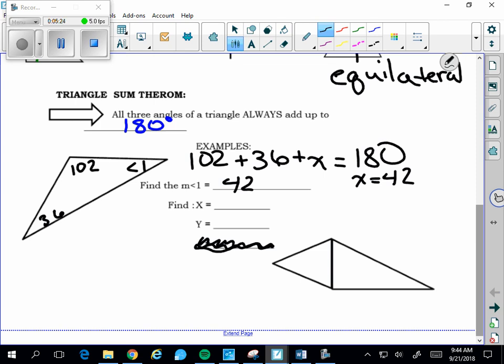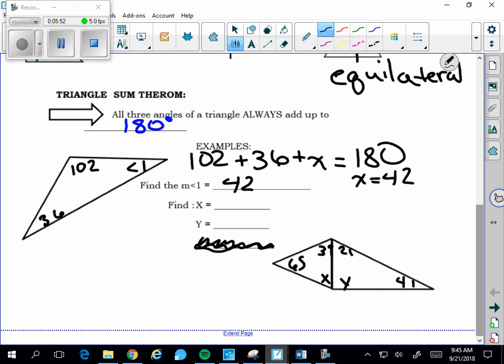But for this next example, I'm going to say this angle is 65, this is 39, this is x, this is 21, this is y, and this is 41. Take a second, pause the video, write down those measures so you're keeping up. Okay, so I can use my triangle sum theorem to figure out x and y, and I'm going to do it separately.